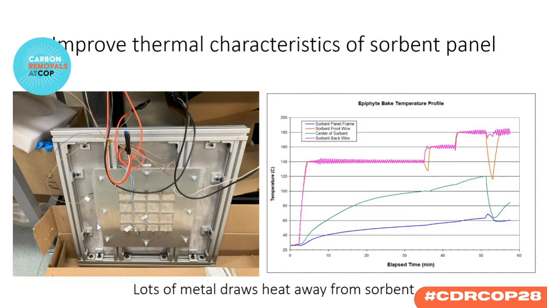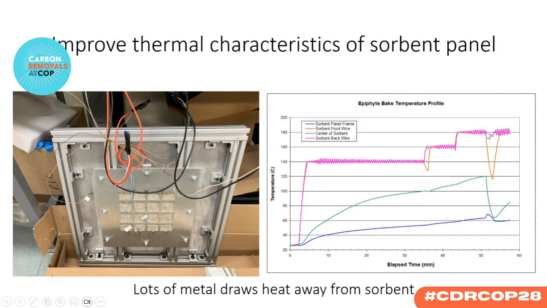When I built a first prototype of the heating system on my bench, without it being in contact with the sorbent panel, I saw that the wires heated up a lot faster. But even then, this shows the temperature that we measured at the sorbent wires, the pink one and the red one. There's a control loop that controls the temperature, and just by controlling the processor I was able to heat it up to 140 degrees Celsius, then 160, and then 180.